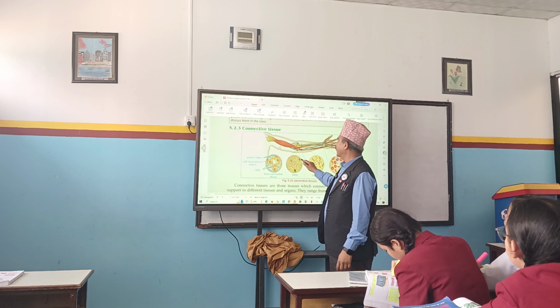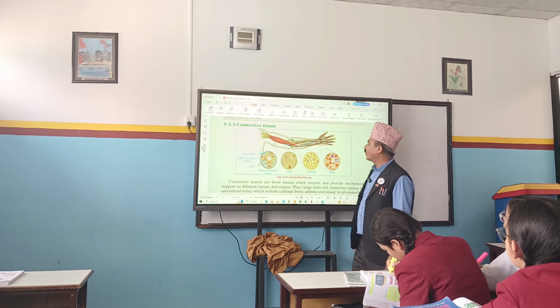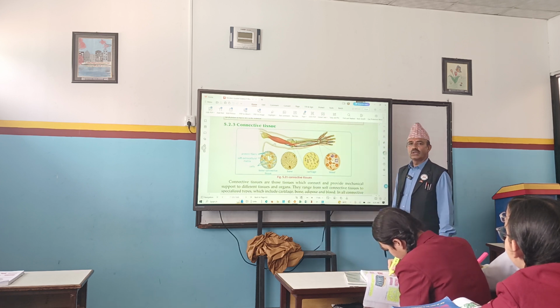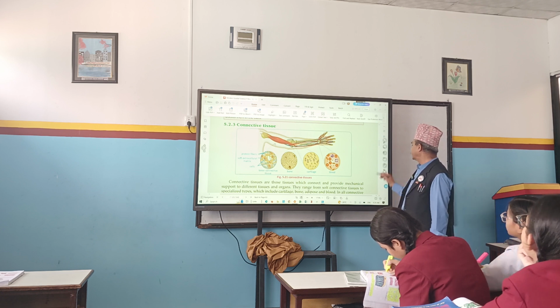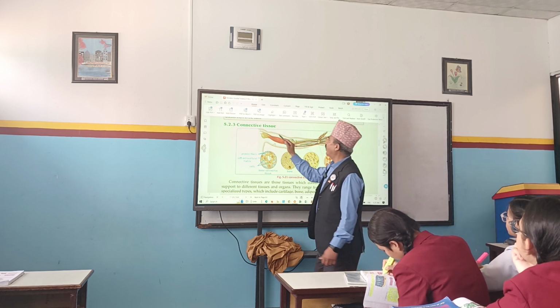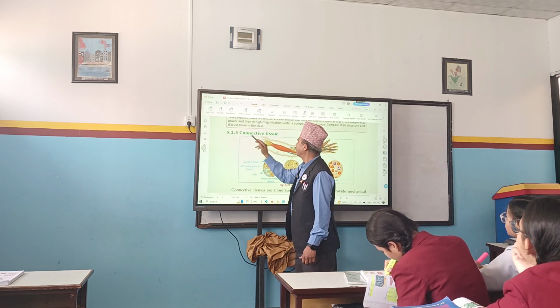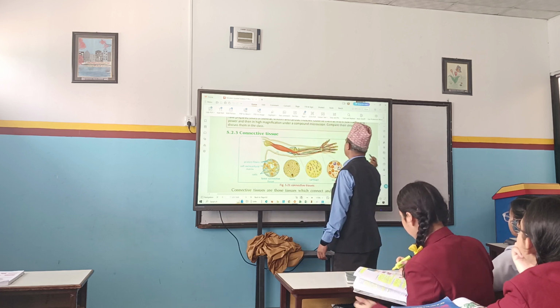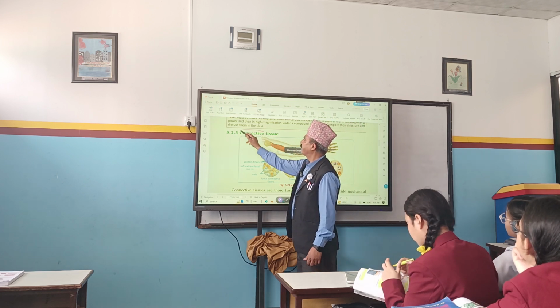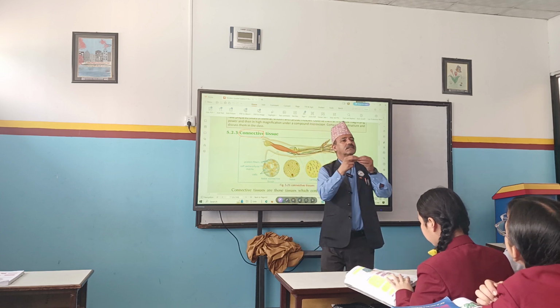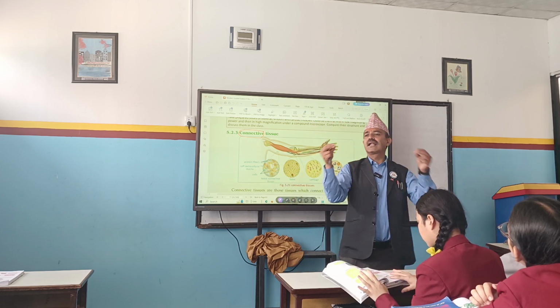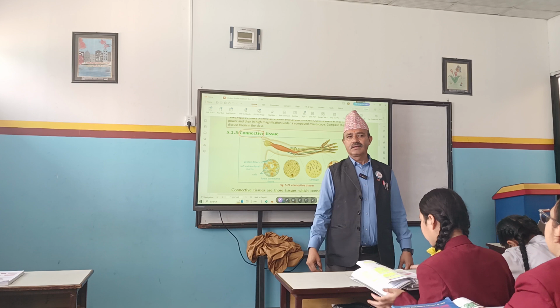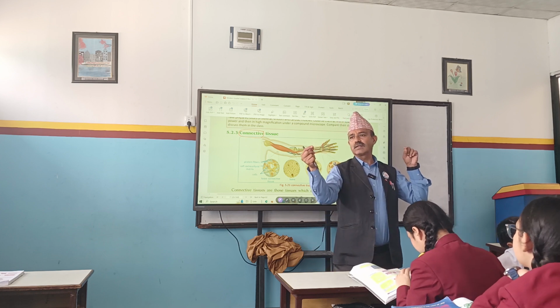Now we have to discuss another tissue: connective tissue. What does connective mean? It can connect. It can join, just like a bridge. Does a bridge join two roads or not?